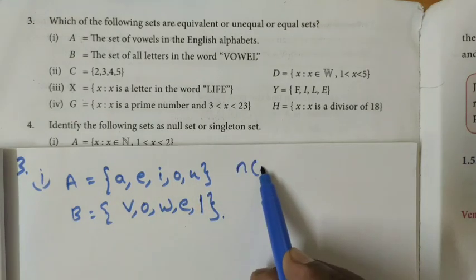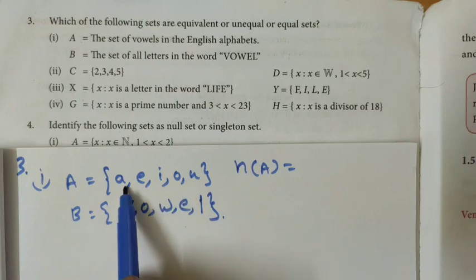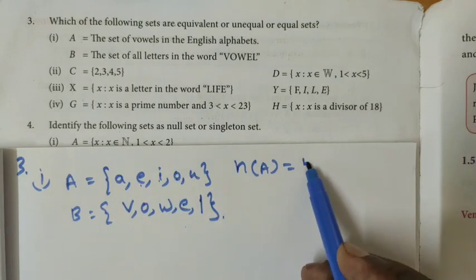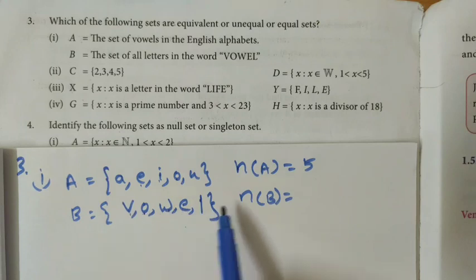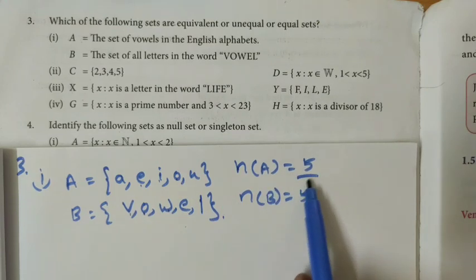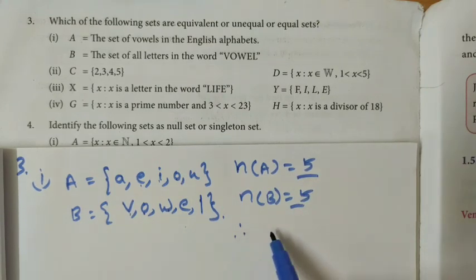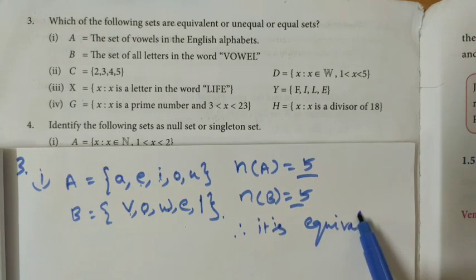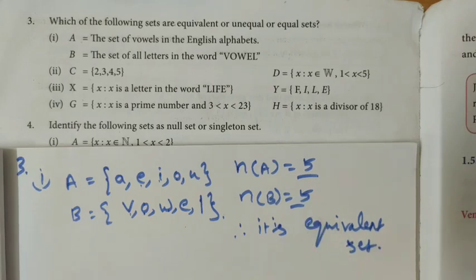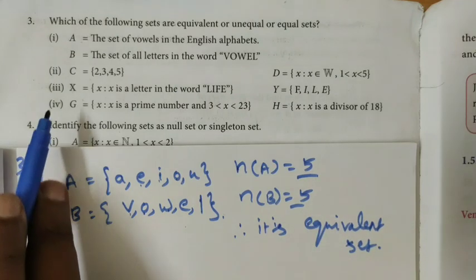Here n(A) is equal to 1, 2, 3, 4, 5. Here n(B) is equal to 1, 2, 3, 4, 5. So the number of elements are equal, so it is an equivalent set.